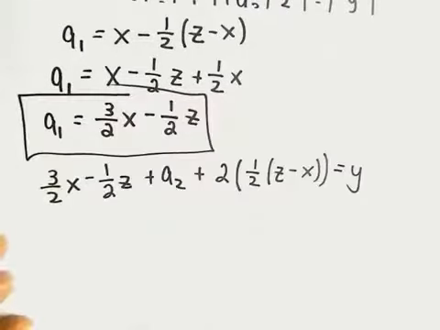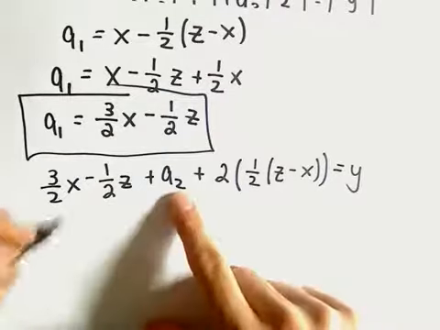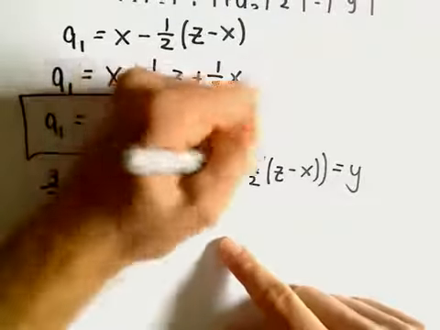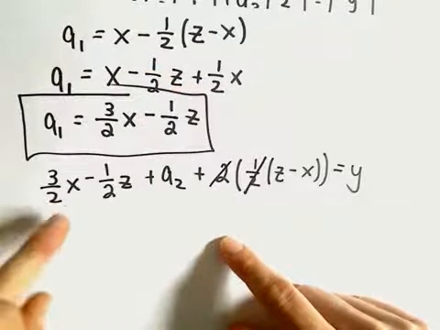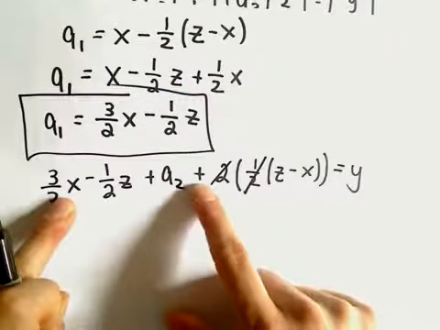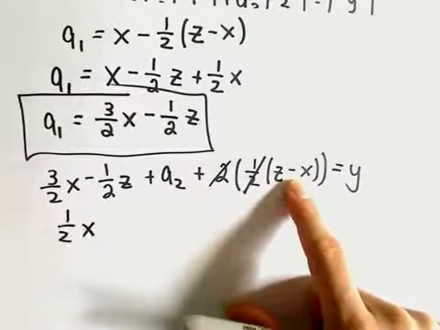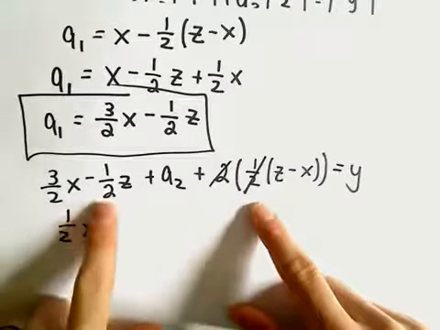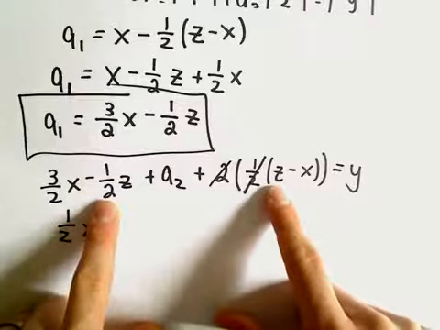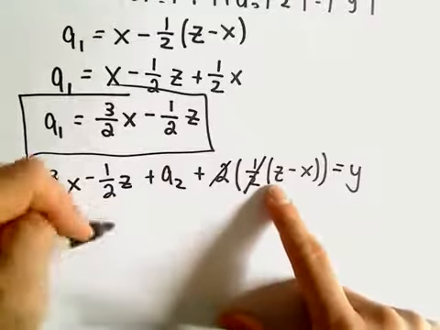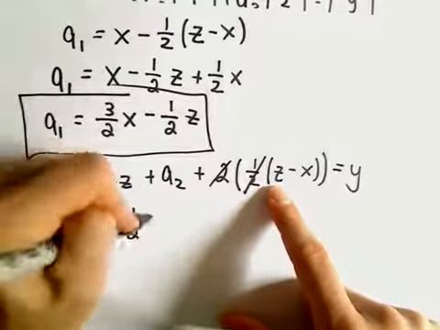And again, now it's the same thing as before. We're going to combine like terms and then solve for a sub 2. Well, the 2 and the half would cancel. We have 3 halves x, minus an x, so that would leave us with 1/2 x. We have negative 1/2 z plus 1z, so that's a positive 1/2 z.